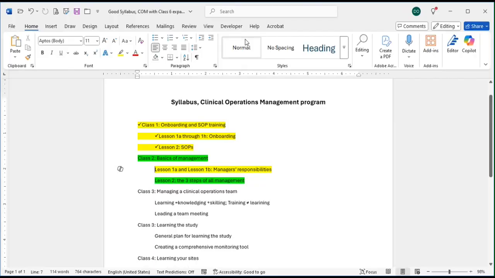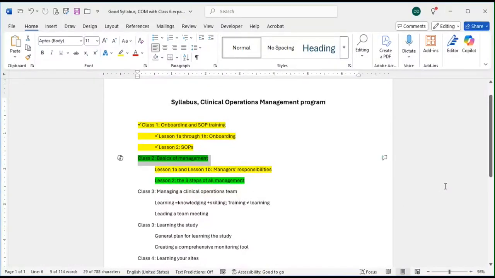So this is the syllabus of the whole Clinical Operations Management Program. The lessons highlighted in yellow have been completed already. So all of Class 1 is done, and right now we're on Lesson 2 of Class 2.